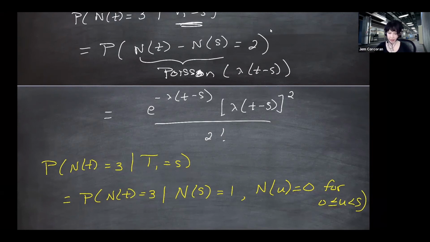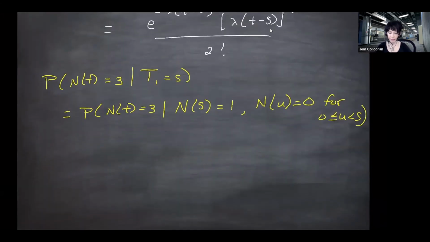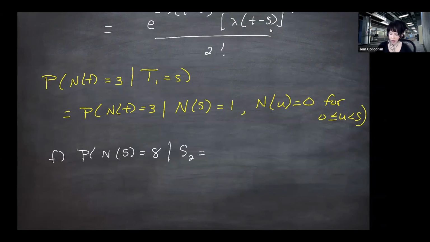Okay, so I do have an example. Let's talk about the probability that N at time 5 is, well, let's use 8, given that S2 is 2.3.